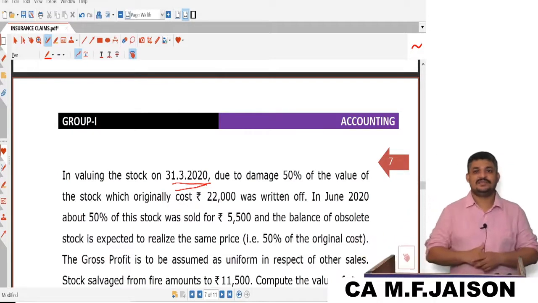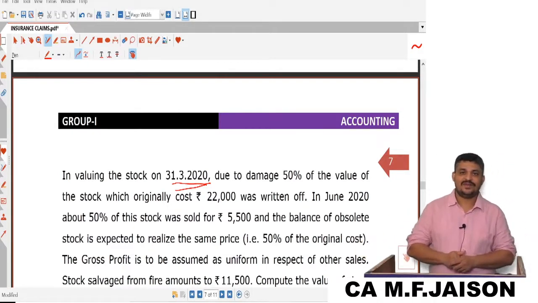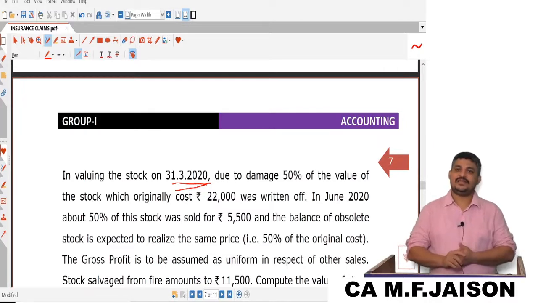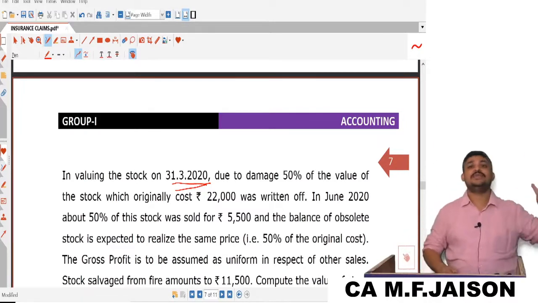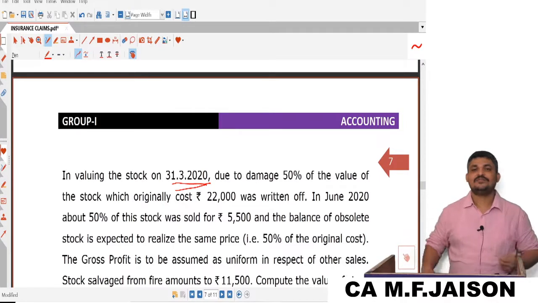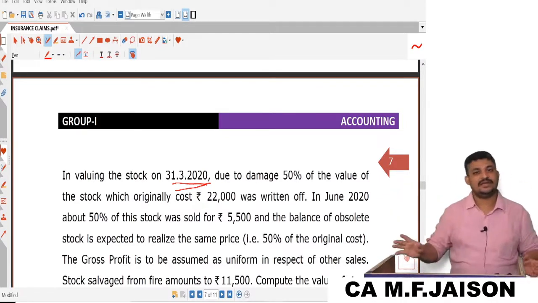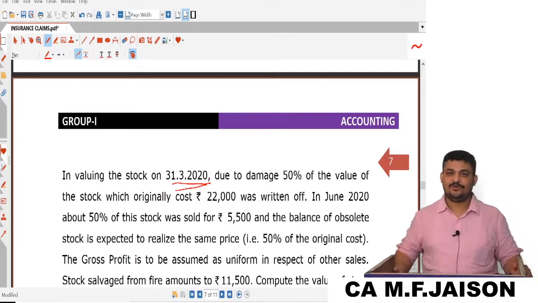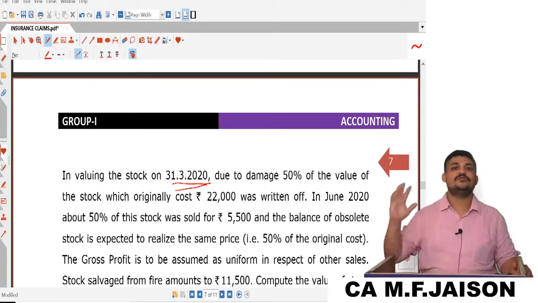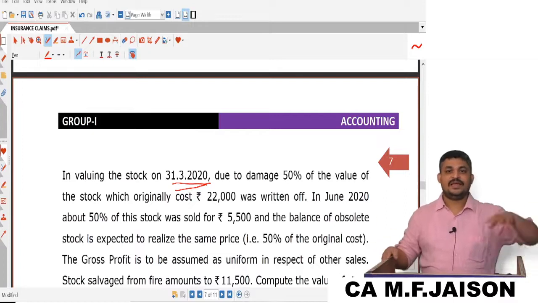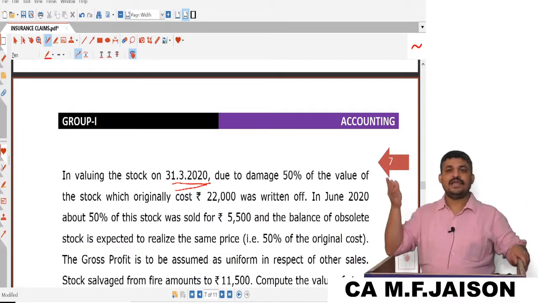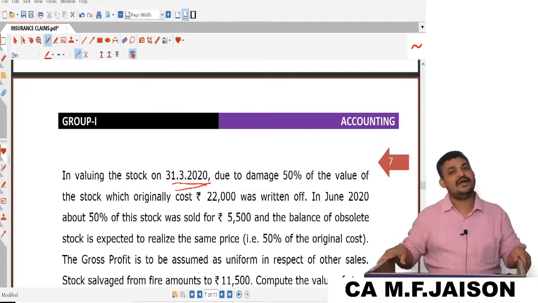In the complete elimination approach, whatever value is included, that value you exclude from that place. It means in purchases you eliminate 22,000, in closing stock you eliminate 11,000. Still you will arrive at the same GP. One approach simply adds 11,000 to closing stock; another approach eliminates 22,000 from purchases and 11,000 from closing stock.